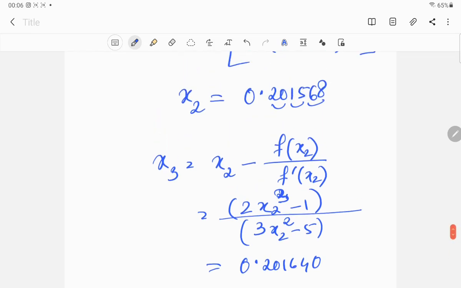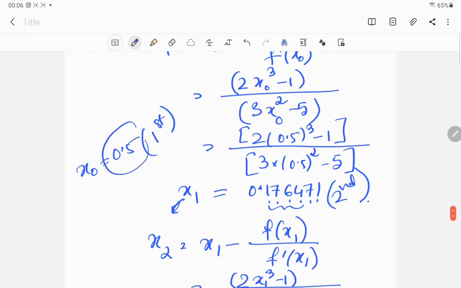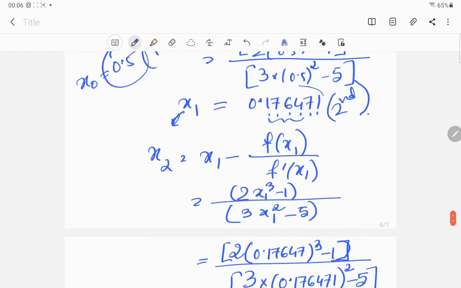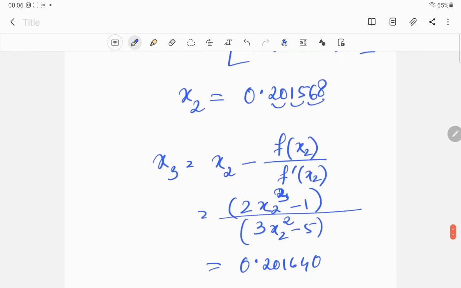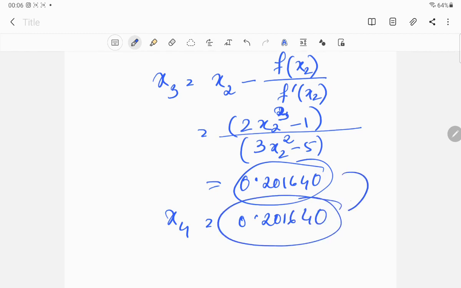You can see that now we are closing in. Initially it was 0.5, then we got 0.17, then we got 0.2. If you try the next step, it will be 0.201640 again. So the value is not changing at all, so you can stop here.